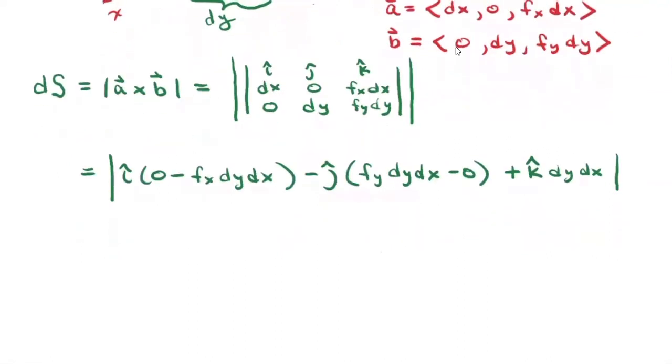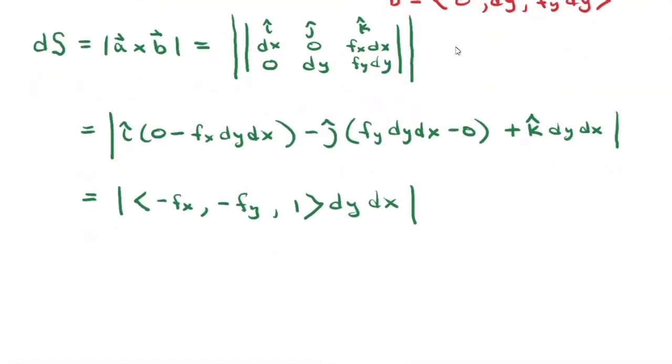So let's go ahead and set this up as being the magnitude of the vector negative fx, negative fy, and 1. And we'll put the dy dx outside, like that.